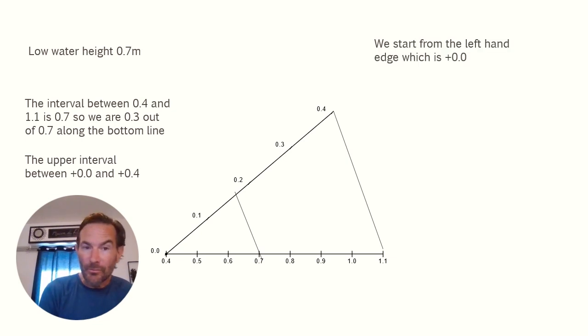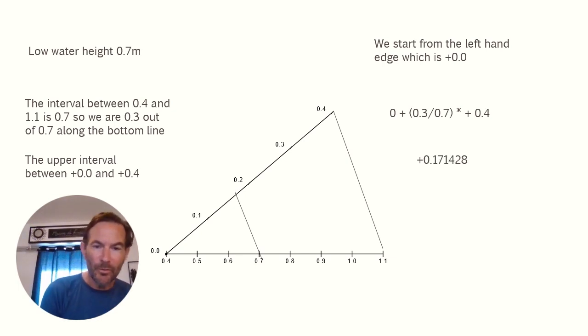So we're going to add our 0.3 0.7ths of 0.4 to 0 in the calculator then. Again, that's going to spit out 0.171428, and we're going to round that to the nearest 0.1, which is an adjustment of plus 0.2. So it really is quicker once we get the hang of these mathematical tricks. We can save ourselves quite a bit of time.